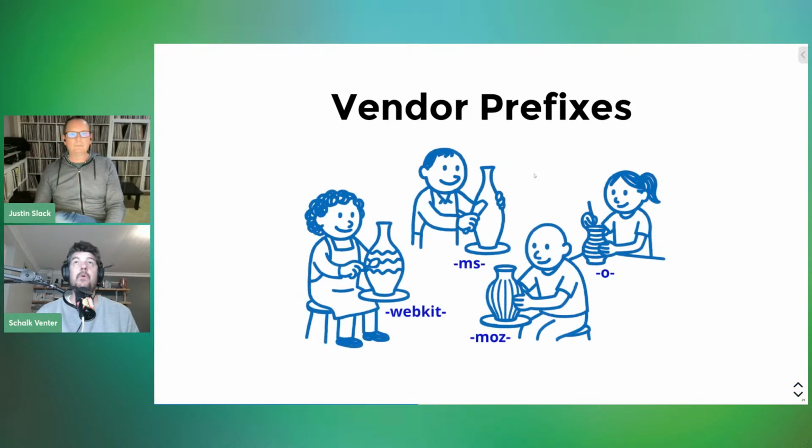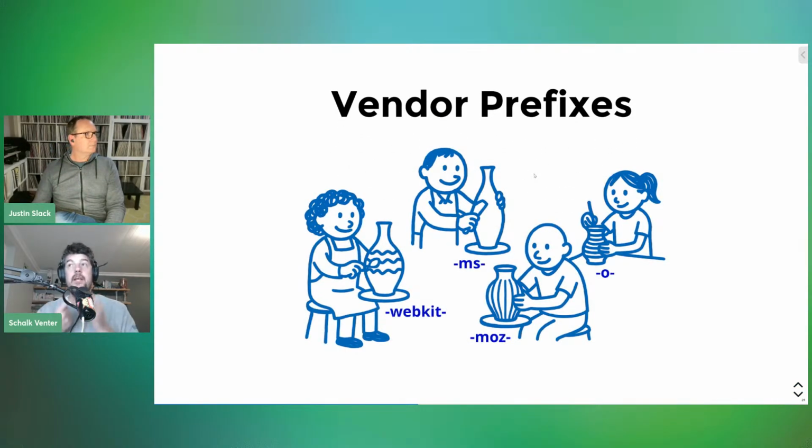Effectively, vendor prefixes are like namespaces that each browser has to be able to add their own custom stuff on top of the existing CSS and so forth that would only work in their browser. You might have seen these before. They're often dash WebKit or dash MS or O for Opera or Moz for Mozilla, which would be Firefox and so forth. And they give the browser a little playground to have people try out experimental stuff.